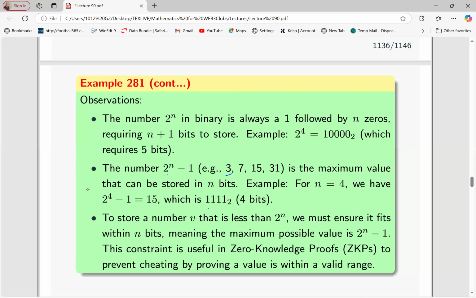So for us to store V in less than 2 raised to n, we must ensure that it fits within n bits. For us to store it here, how many bits are these? These are n plus 1 bits. But I want to store it in a space that is less than this.